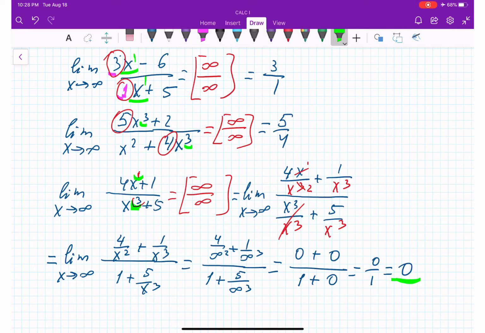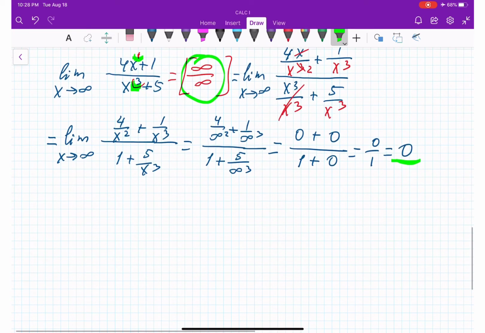One more time: if the highest degree of the denominator is greater than the highest degree in the numerator, and you are getting the case infinity over infinity, then the limit of such a rational expression is going to be 0.